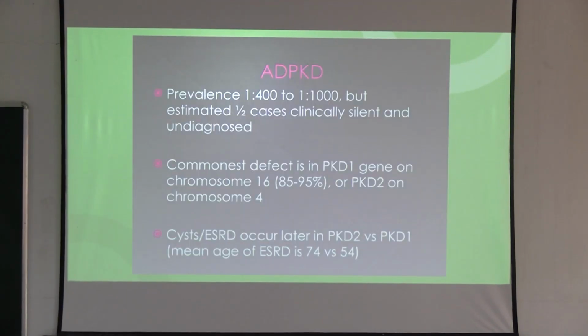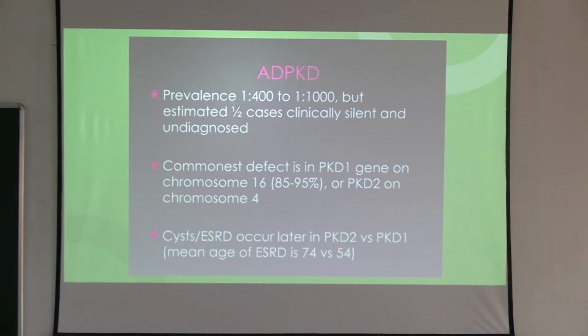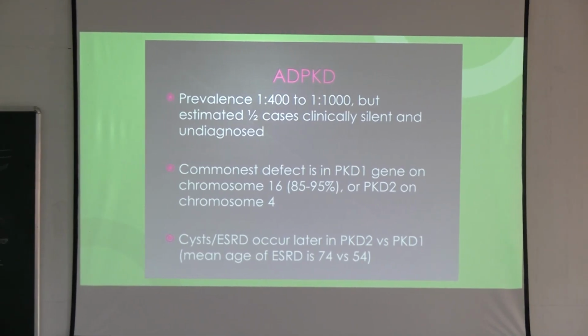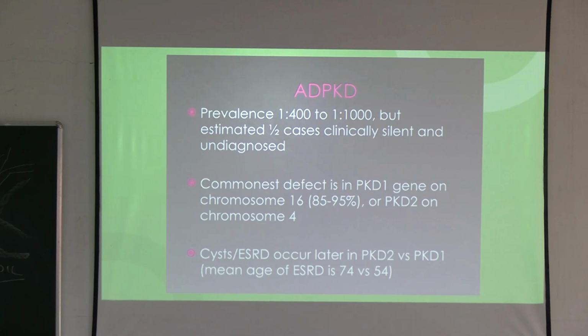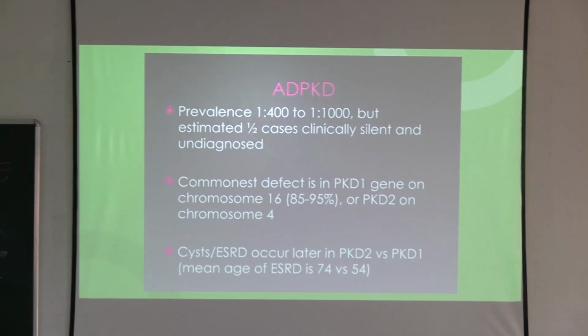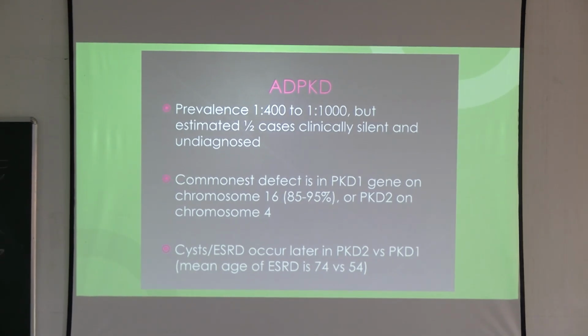Okay. Now, the most important entity, often a favorite topic to come in theory examination as a long question: adult dominant polycystic kidney disease, ADPKD.